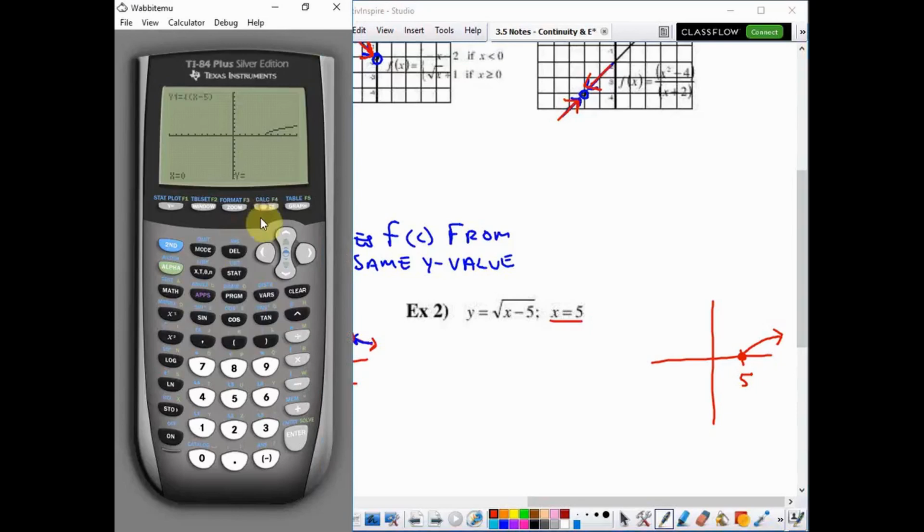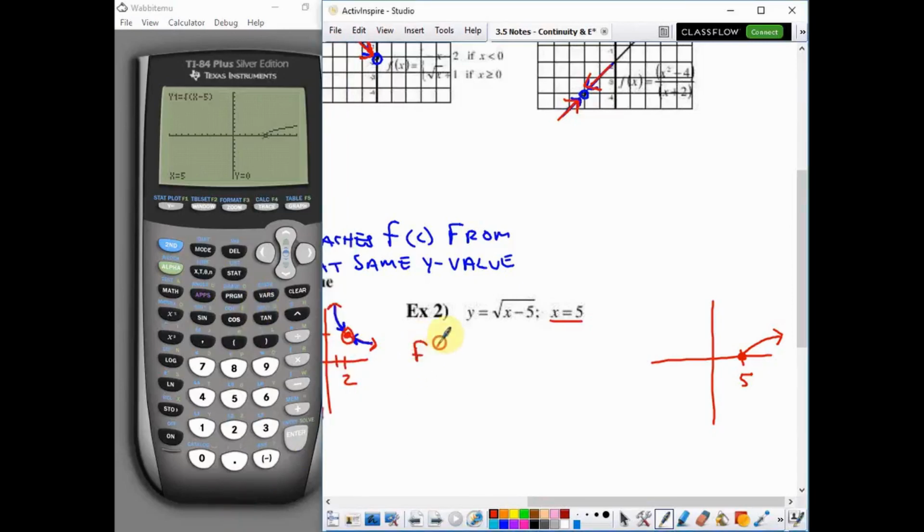So if I trace the x value of 5, I get an output of 0. That's a real number, so f of 5 exists. It passes the first test. The second test is whether or not the function approaches from the left and the right at the same y value, and I only see this function approaching from the right.